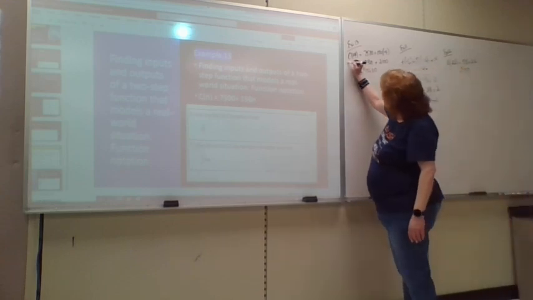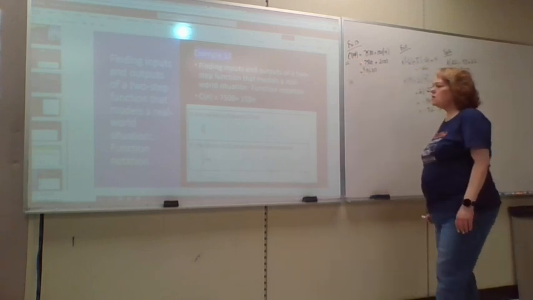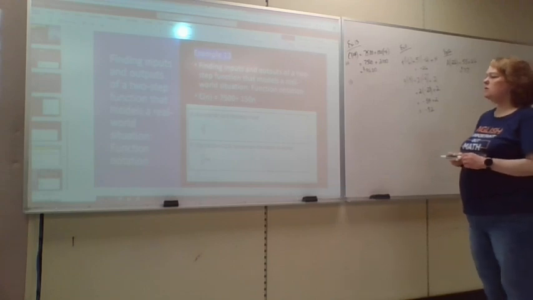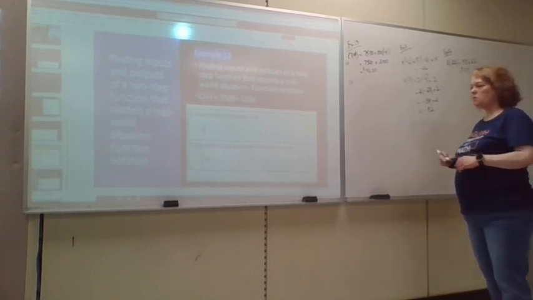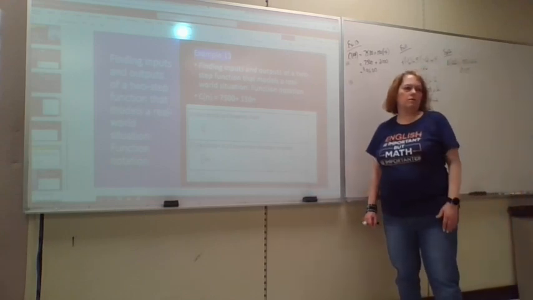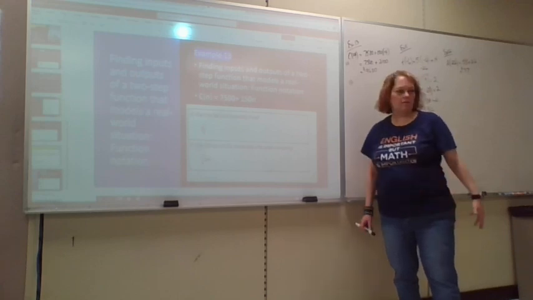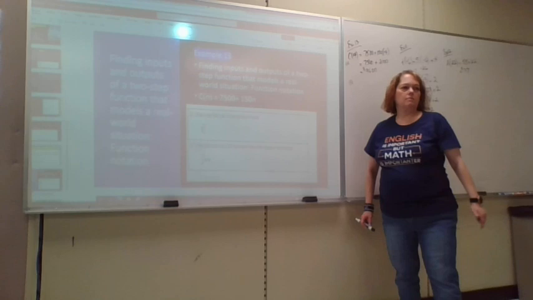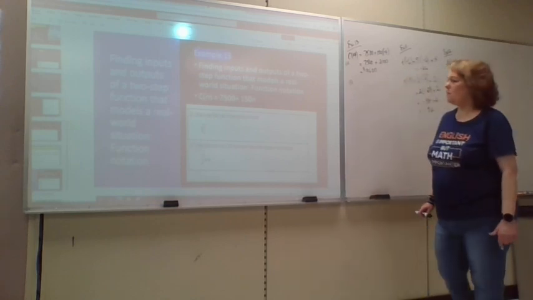That's the A part. Let's look at B part here. If the total cost is 11,250, how many tons is the company transporting? In part B, what are we looking for? Are we looking for C or are we looking for N? N. We're looking for N, yes.